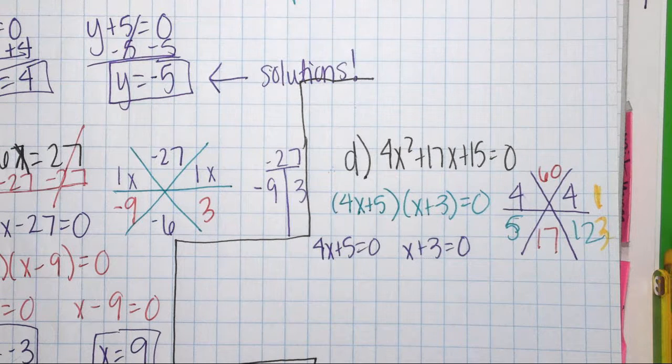Divided by 4, not 4 divided by 5. Yes. Why, if 4 comes before 5?